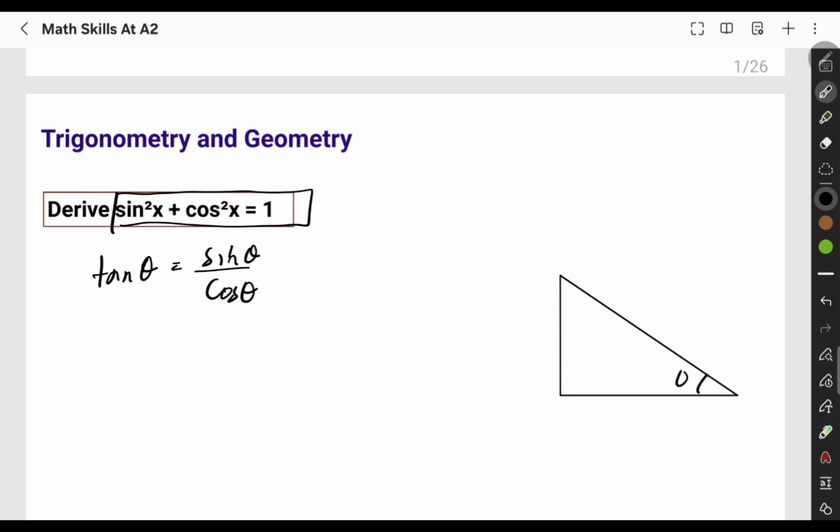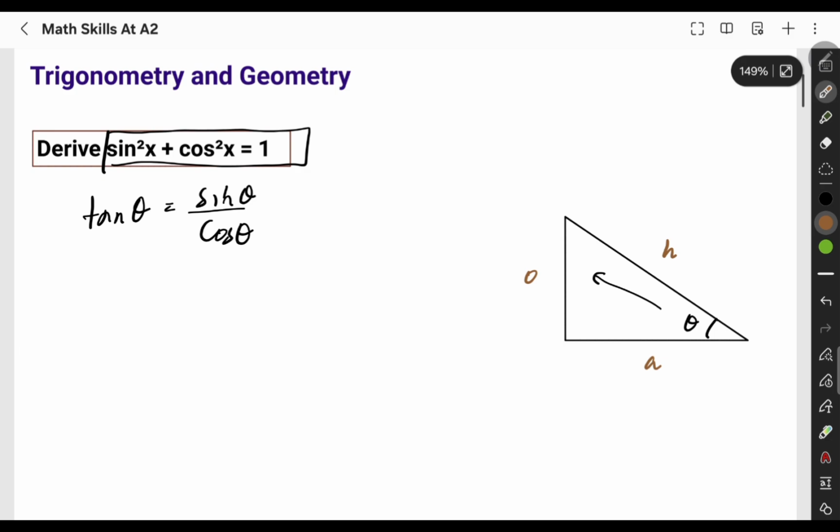So let's say this is the angle theta. This is going to be opposite, adjacent, and hypotenuse. Now, using Pythagoras' theorem, we can say O² + A² = H². And then what I'm going to do next is divide the entire equation by H².